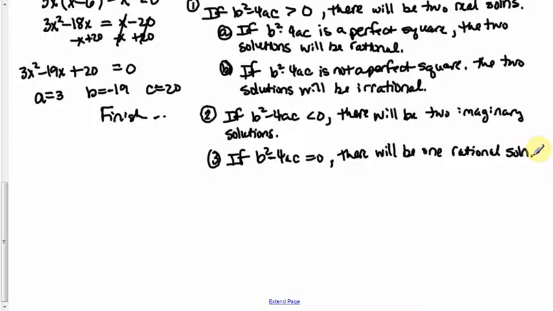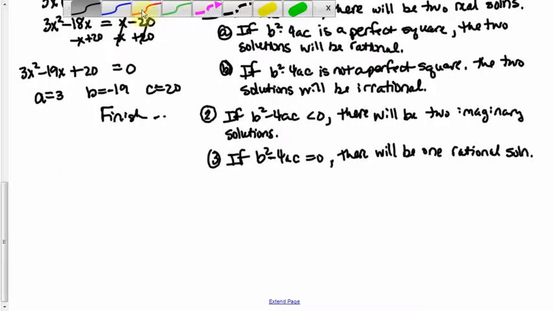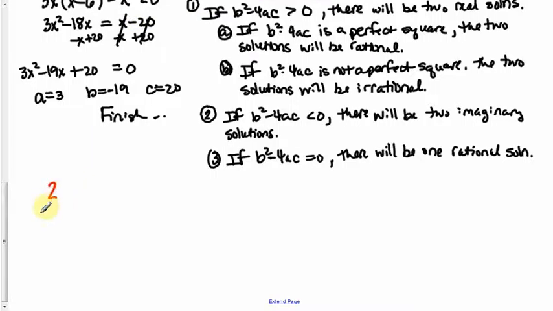So on these next few problems, all I'm going to ask you to do is to tell me how many and what type of solutions I will have, not what they are. Okay? So how many and what type of solutions do I have for this equation?